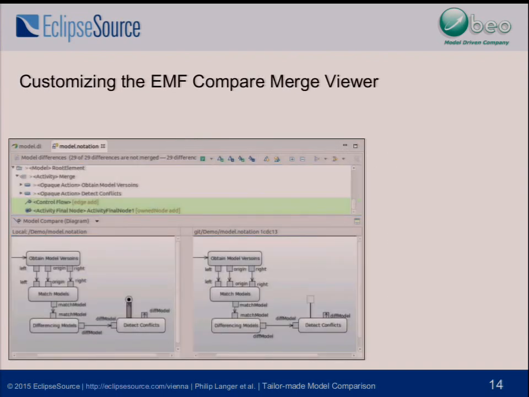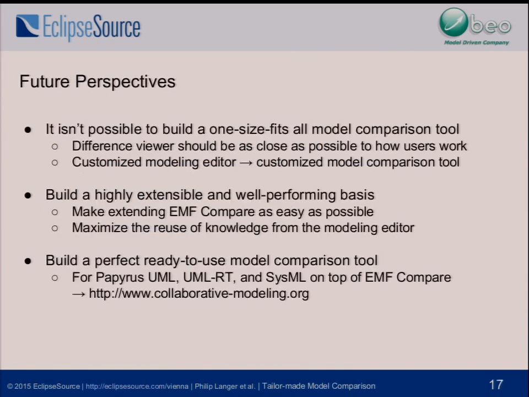EMF Compare just reuses the EMF Edit framework, as probably most of the editors out there do. So by default, it's no work at all to get the same icons and the same labels in EMF Compare as you would have in the modeling editor. That's one goal that we also try to work on and improve, to make it really easy to customize EMF Compare and to find out which APIs would be helpful to be shared among a model editor and, for instance, EMF Compare.